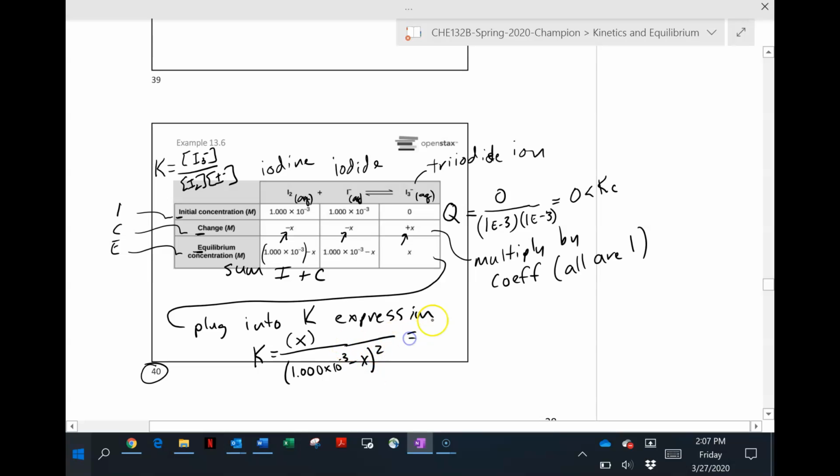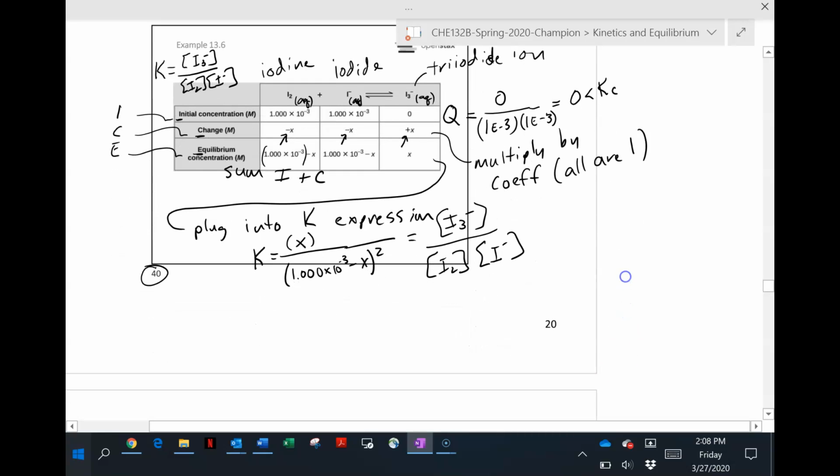Now what I'm saying is that this is I3 minus, which is our x, over I2 times I minus, and I2 and I minus are exactly the same value. So when we multiply them together, we can say that's just squared, like that. And you may recognize that this is a quadratic.